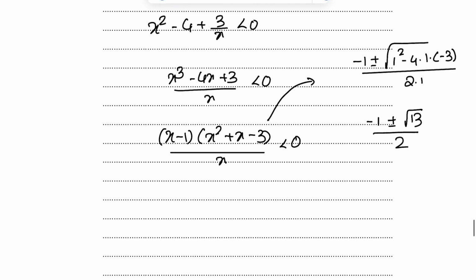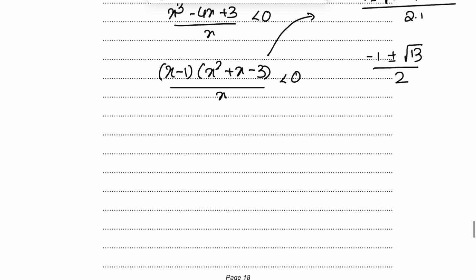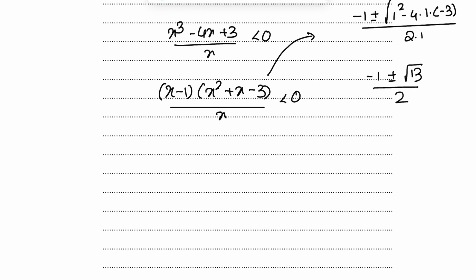Those are the roots. So now what am I going to do? I am going to take the number line: negative infinity, negative 1 minus root 13 upon 2, then 0, then 1, then negative 1 plus root 13 upon 2, and positive infinity.